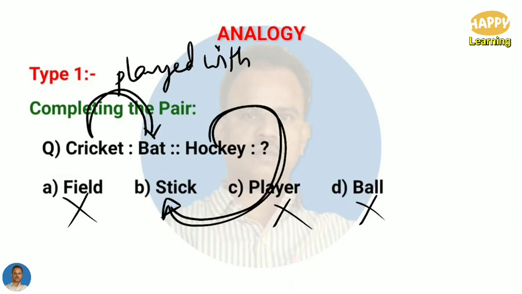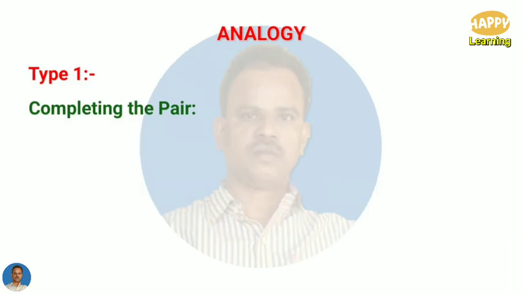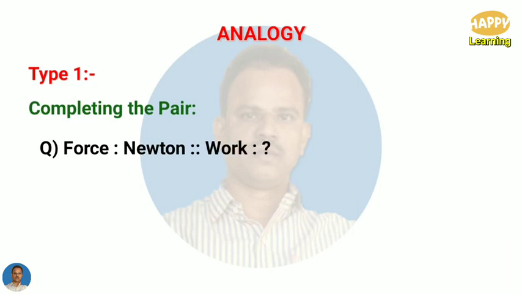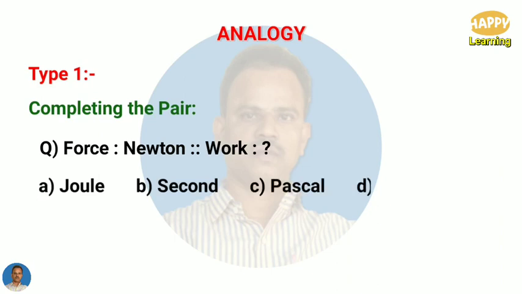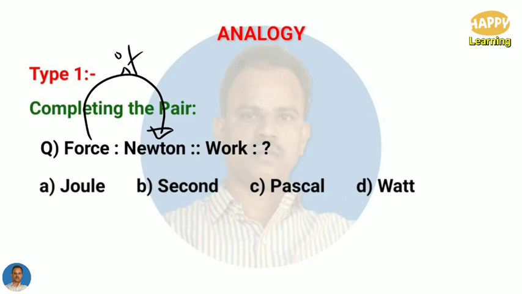Okay. Right. Next. Force is proportionate to Newton is same as work is proportionate to dash. Force is proportionate to Newton. So, force is a physical quantity and Newton is its unit.